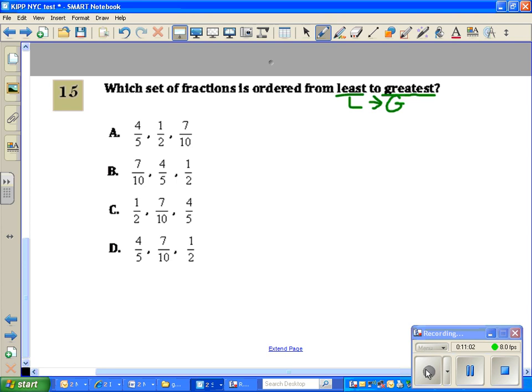I'm also noticing that there's really only 3 fractions. There's 4/5, 1/2, and 7/10, and they keep mixing the order around. So let's see. That means it's not going to be that much work. 4/5. So I'm going to think of 1/5 as a decimal is 20 cents.